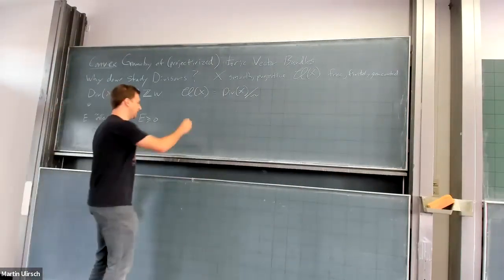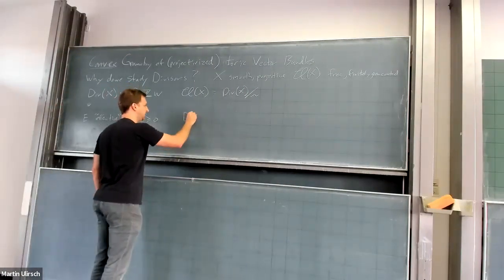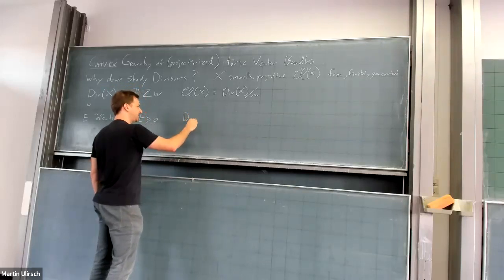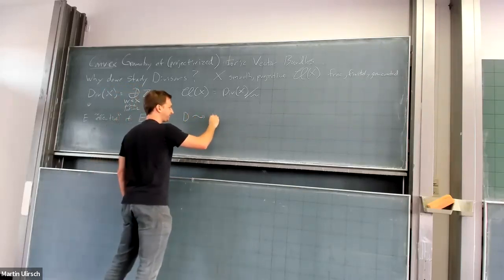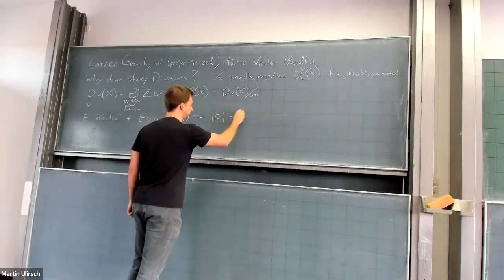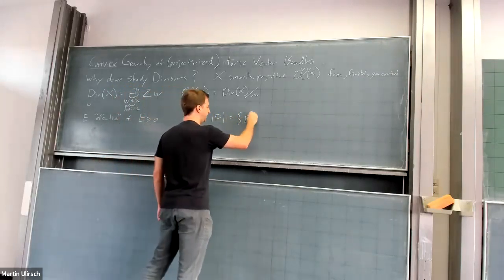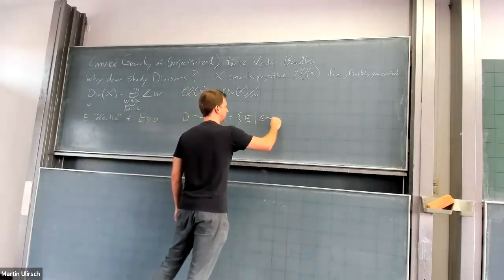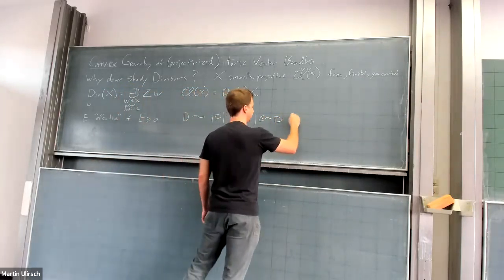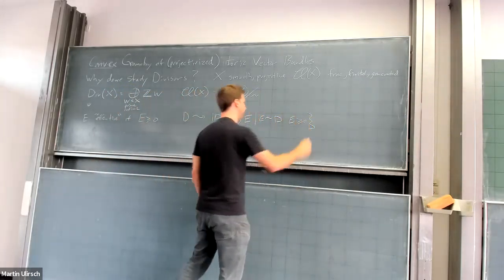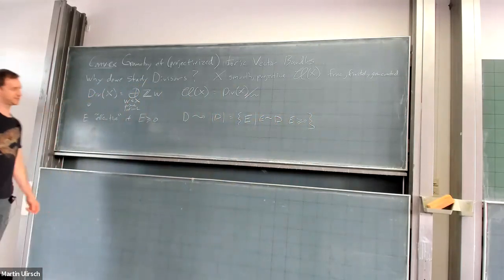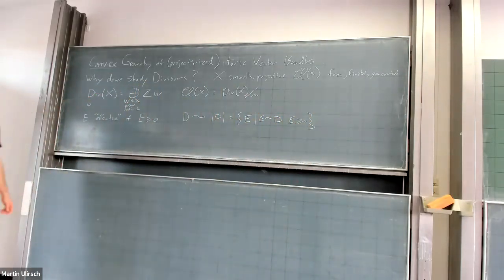Then to an actual divisor, we can associate the linear series, which is the set of all effective members of its equivalence class under this equivalence.